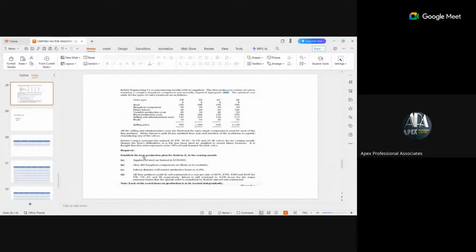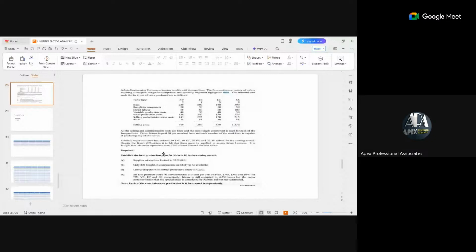Required: establish the best production plan for Cobring if, in the coming months, supplies of steel are limited to $250,000. Now, the limiting factor here is what? The steel. We can only get steel for $250,000.